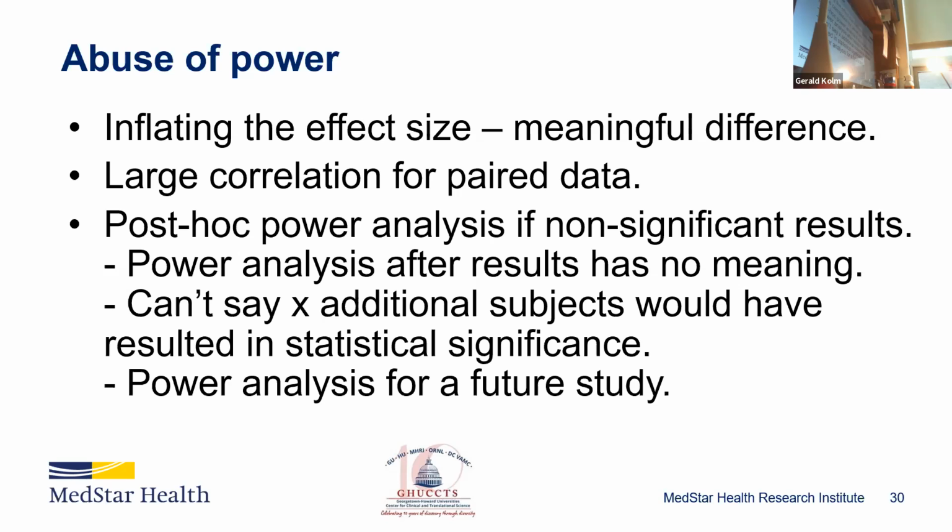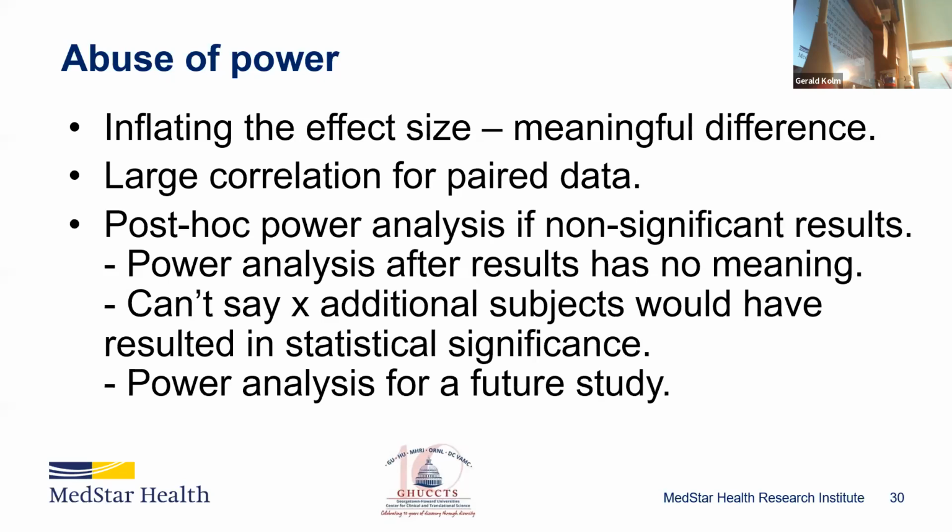Another one that hasn't been done as much, although I still see it once in a while, and sometimes from editors of journals and from other reviewers, is doing a post hoc power analysis if you get non-significant results. Quite a few years ago, at the institution I was at, I did a lot of statistics for basic scientists.